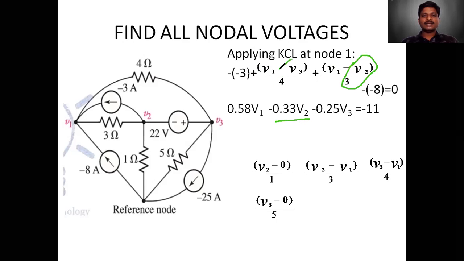Similarly, minus V3 by 4 means minus 0.25 V3, equal to, here it is plus 3, here it is plus 8. If you write on the right hand side, then it will give you minus 11. So that is how you have to simplify and write the equation.